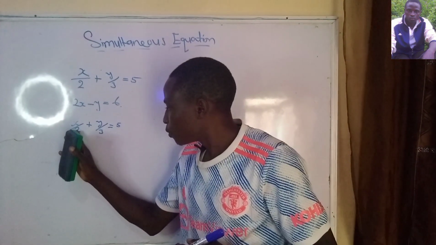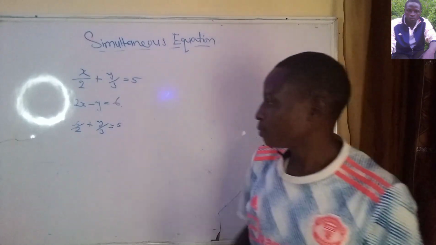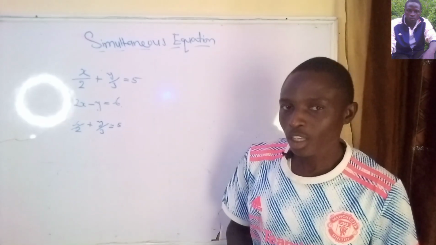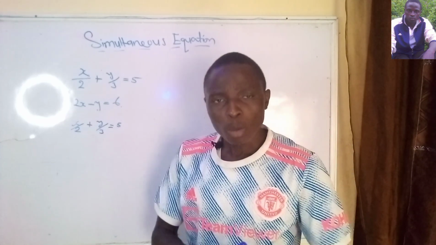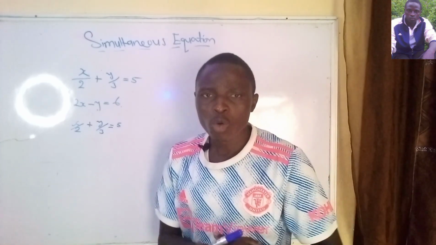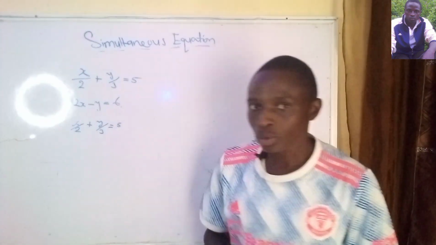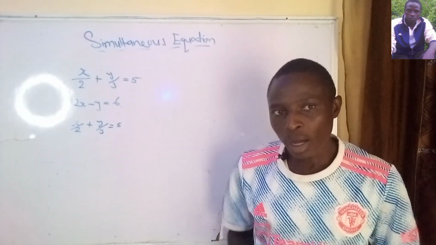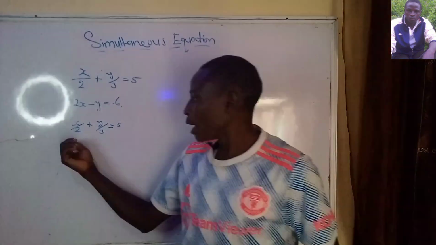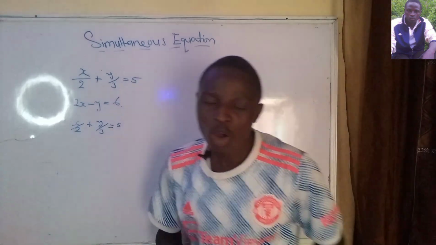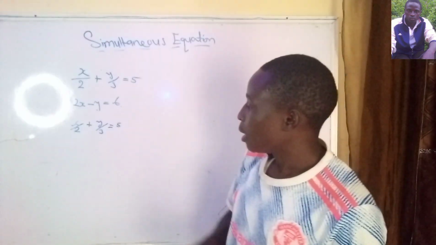What is the LCM of 2 and 3? The LCM of 2 and 3 is 6. For some of us that don't know what LCM means, it is the lowest common multiple. The lowest number that 2 will enter and 3 will enter without any remainder.